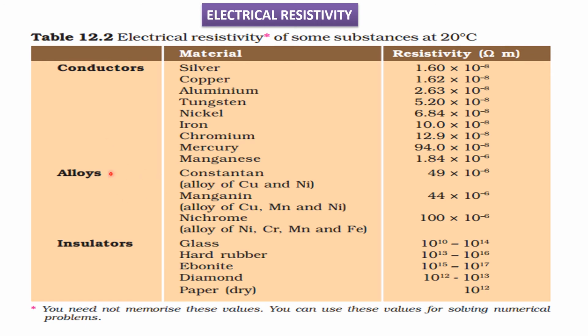See, alloys. What is an alloy? Alloy is a combination of two or more metals. Insulators don't allow electricity or electrons to pass through them, like glass, rubber, ebonite, diamond, etc. Alloy examples: constantan, an alloy of copper and nickel; manganese, an alloy of copper, nickel and manganese; nichrome, made of nickel, chromium, manganese and iron.